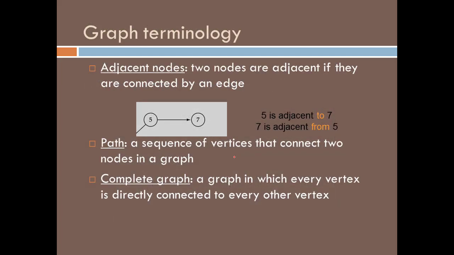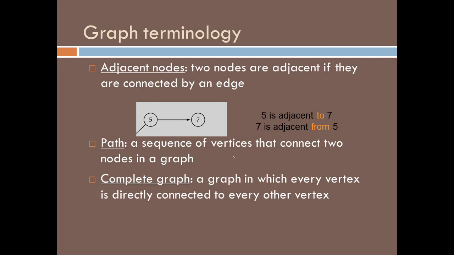There are some terminologies which are called graph terminologies. We will discuss those one by one. One is adjacent nodes. Two nodes are adjacent nodes if they are connected by an edge.